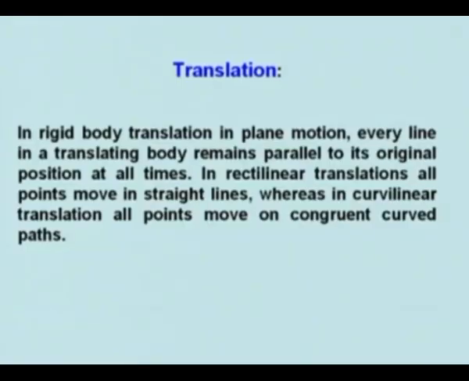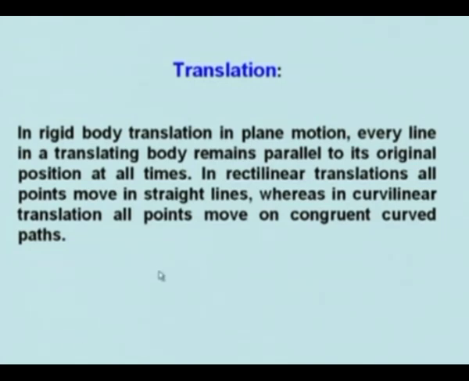In rigid body translation, in plane motion, every line in a translating body remains parallel to its original position at all times. That is the definition. In rectilinear translation, all points move in straight lines, whereas in curvilinear translation, all points move on congruent curved paths.